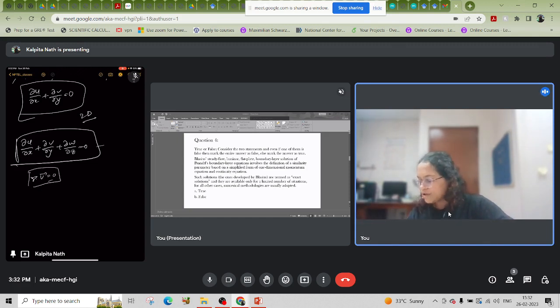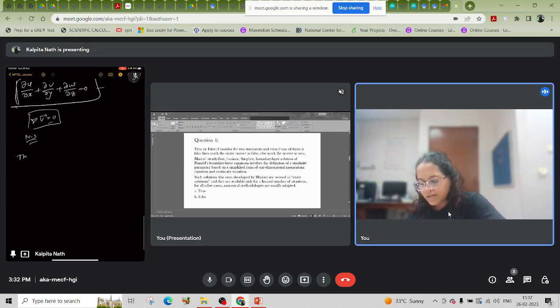Now, the law of conservation of momentum will provide us the Navier-Stokes equation. What is the Navier-Stokes equation? The algebraic summation of all the forces in a given direction. What are all the forces? This is body force plus surface force.